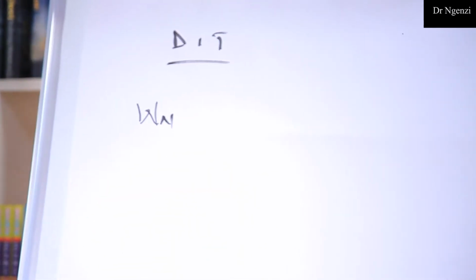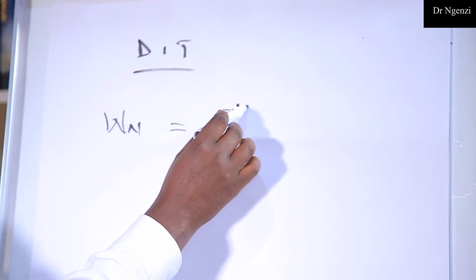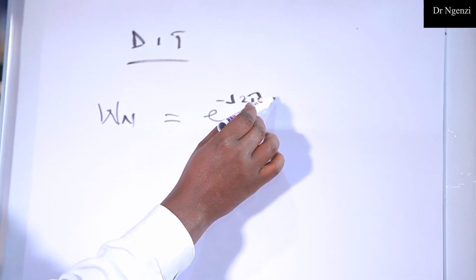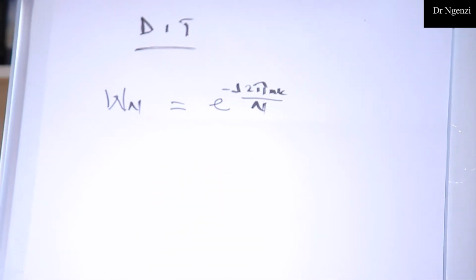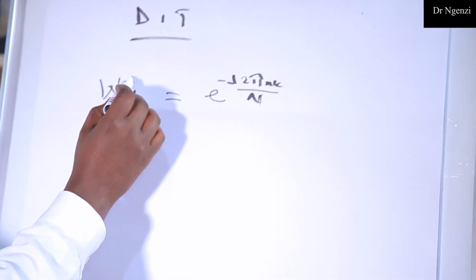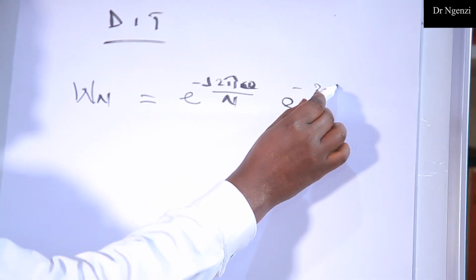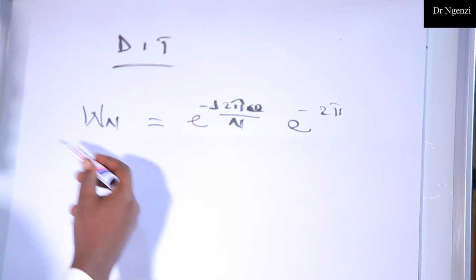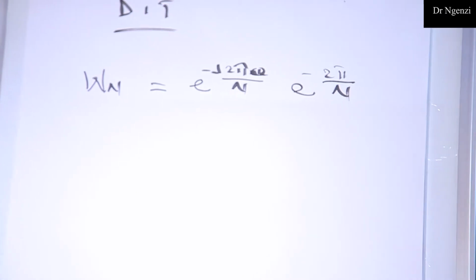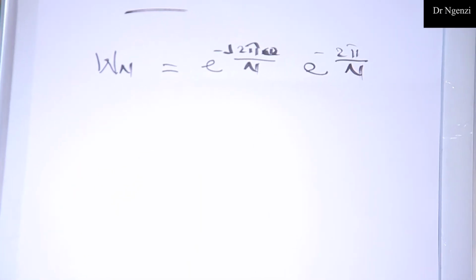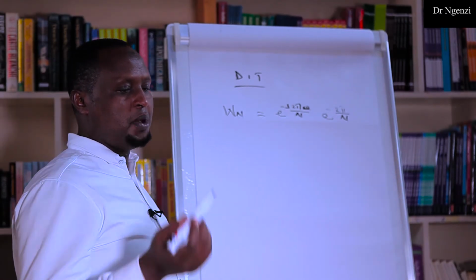Suppose you have any value, in this case W_N, this is what we are going to use. Remember, we said it is e to the power j2 pi n over big N. In this case, if I don't put any k, since nk is not mentioned here, it is just e to the power j2 pi over big N. And this value has two relationships with the former ones.